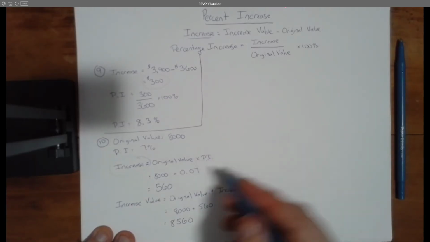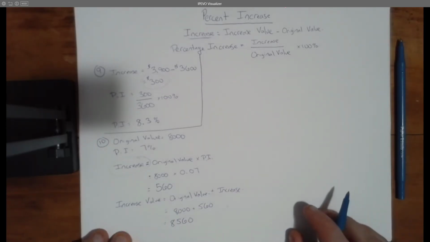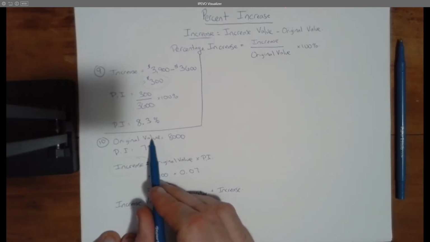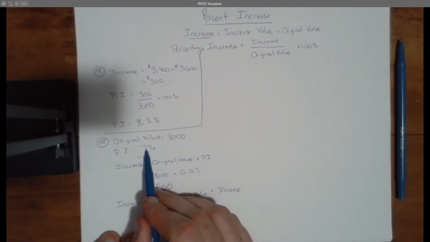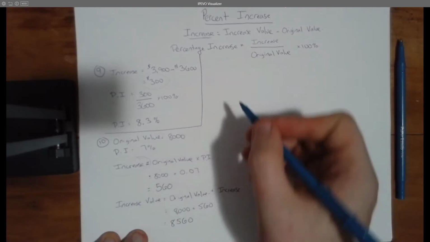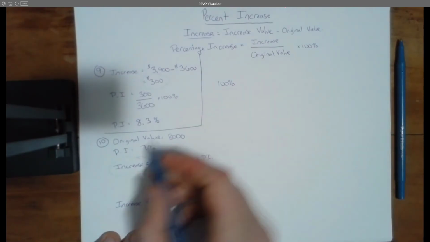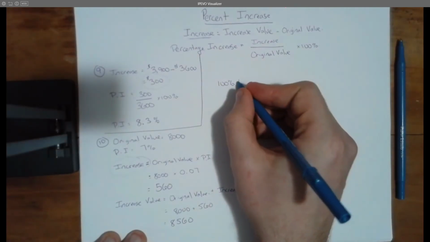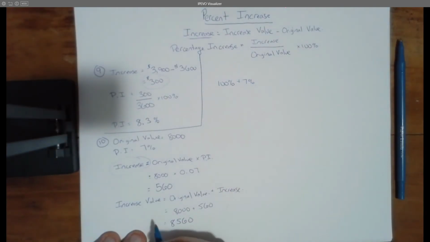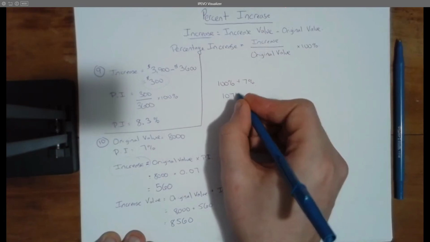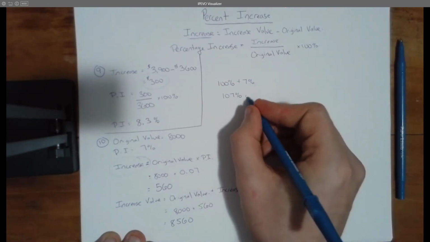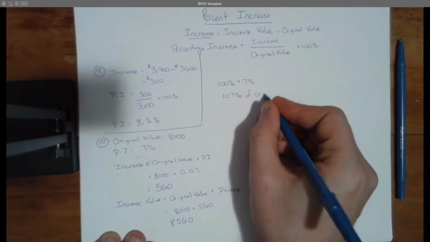If this is the original value and it increased by 7%, then the new value is going to be 100% of the original value plus the 7% increase. So what that means is the new amount of magazines is going to be 107% of the original value.